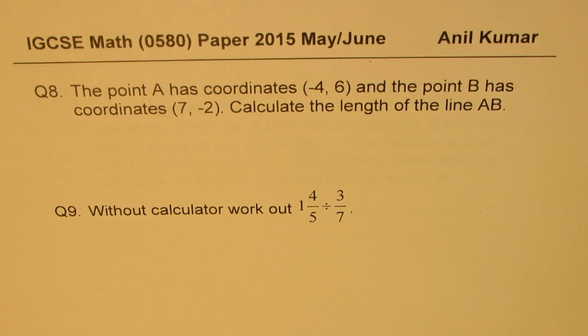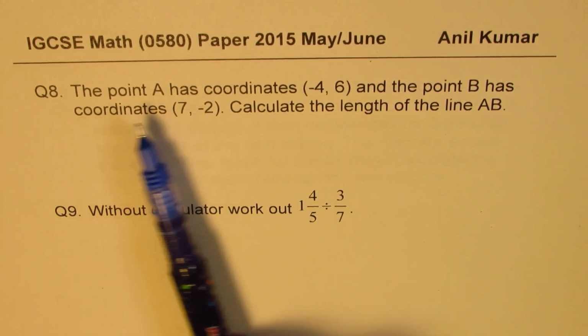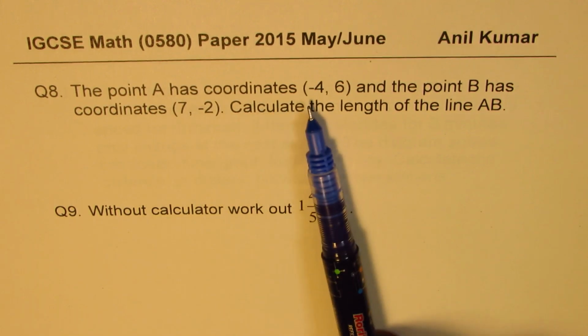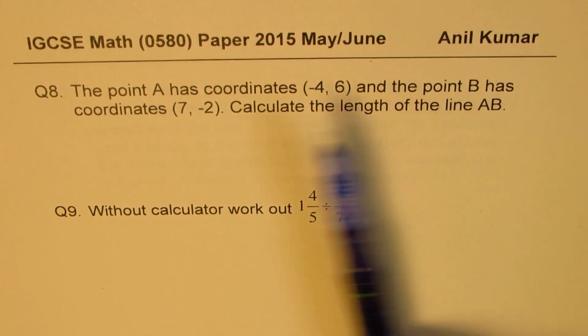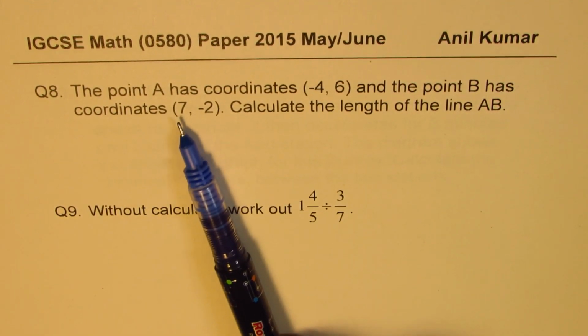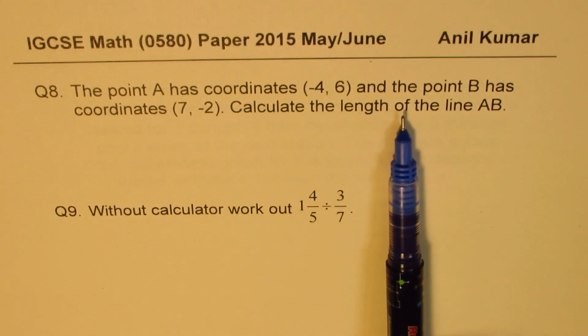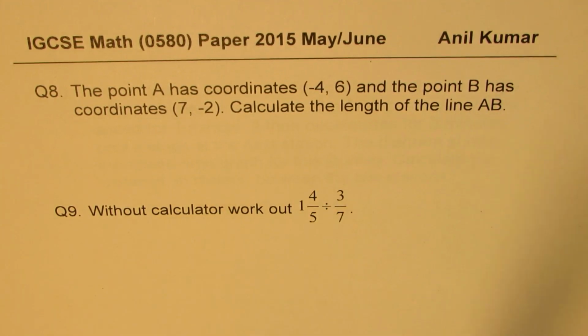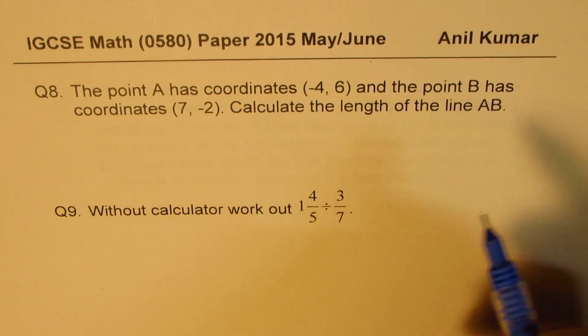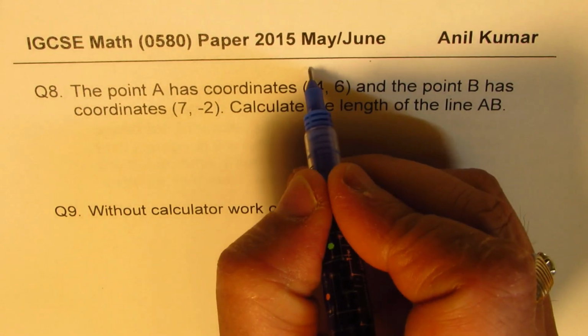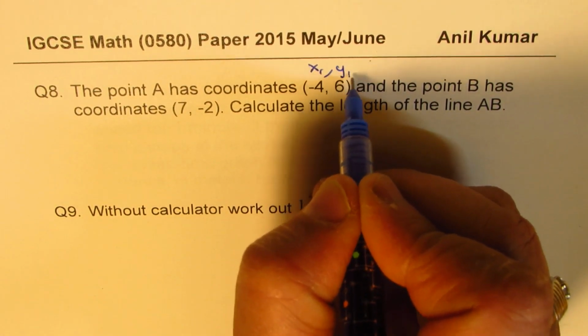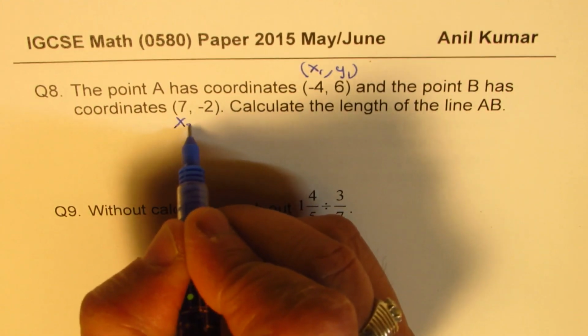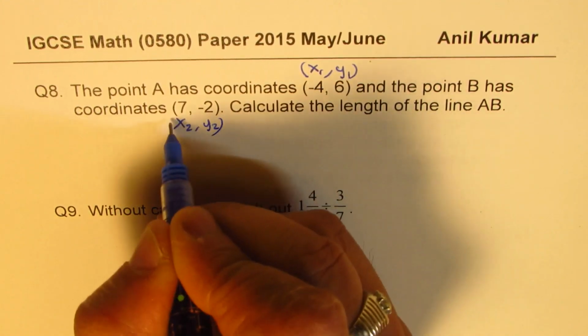Question 8. The point A has coordinates minus 4, 6, and the point B has coordinates 4, minus 2. Calculate the length of the line segment AB. Well, direct formula application, right? Think of this as x1, y1, and this as x2, y2, correct?